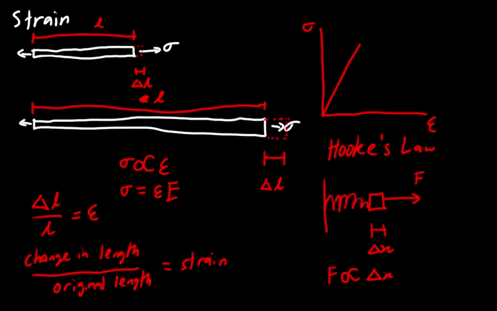This constant, let me change colors, is what we call Young's modulus. The other name for this, because things get called by many names, is also known as the modulus of elasticity.